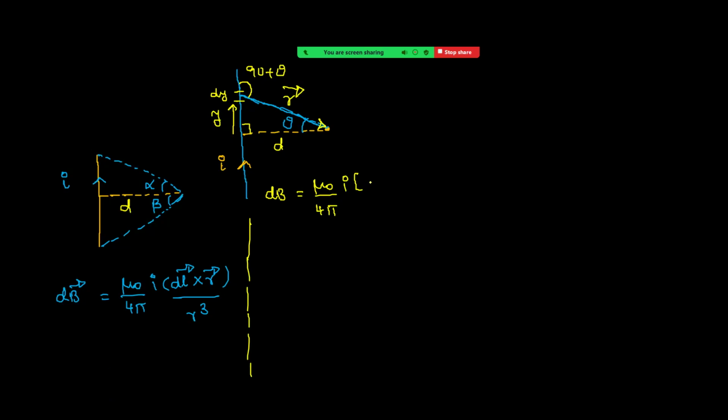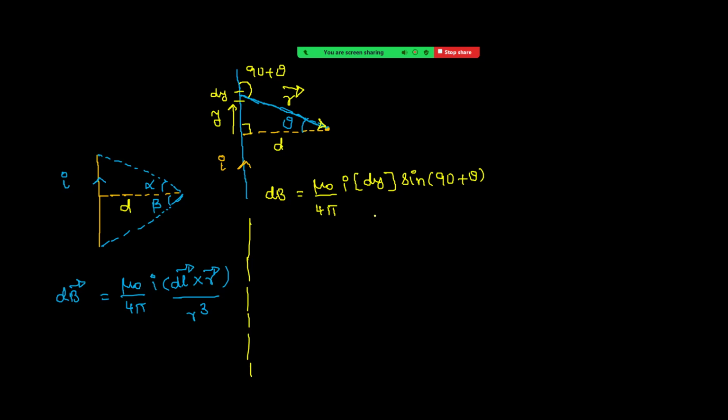Next, if you take here dl bar cross R bar, that becomes dl into R into sine of the angle. One R gets cancelled, okay? So only dy remains. Now it is the angle between these two vectors, and that angle is 90 plus theta. So it is now sine of 90 plus theta.